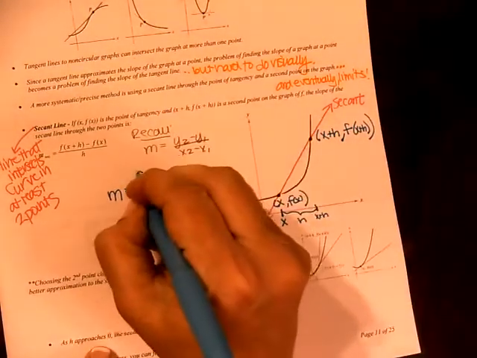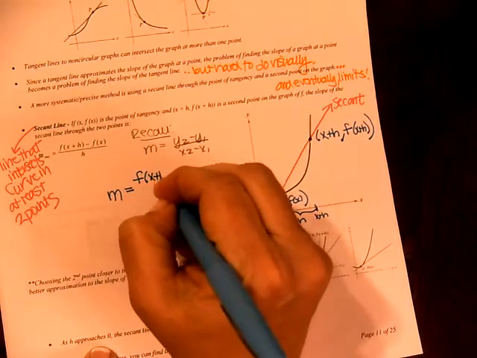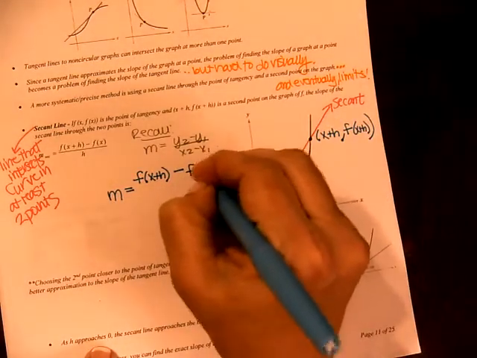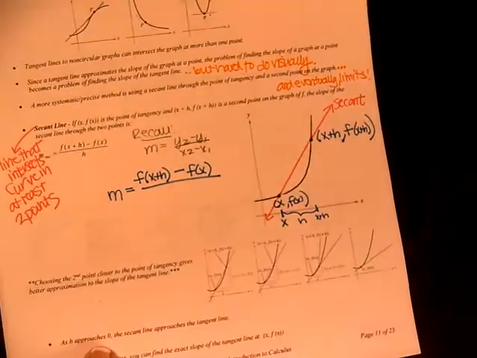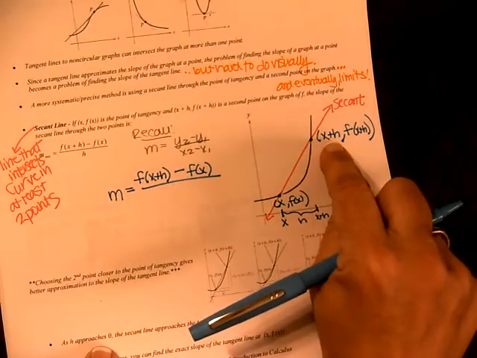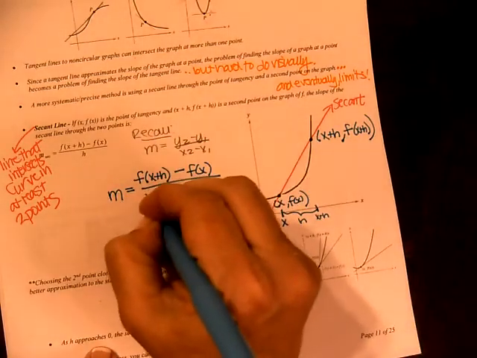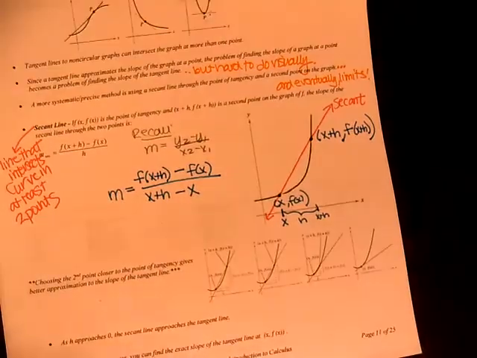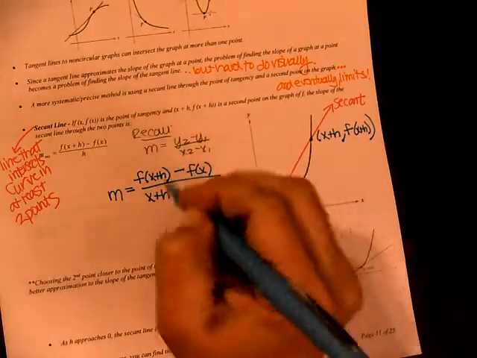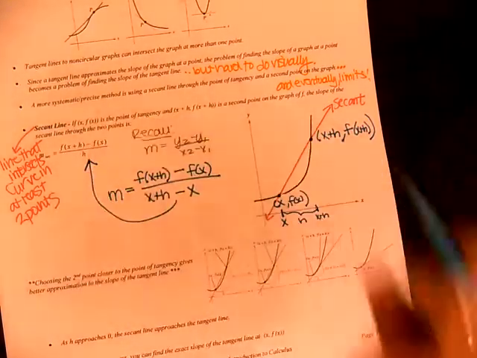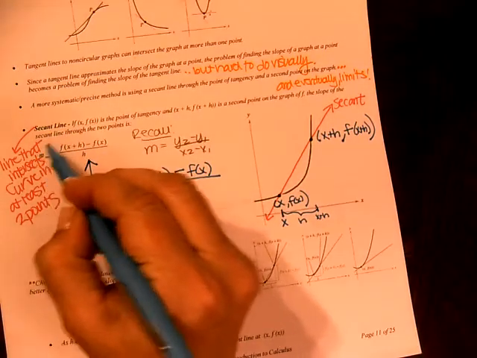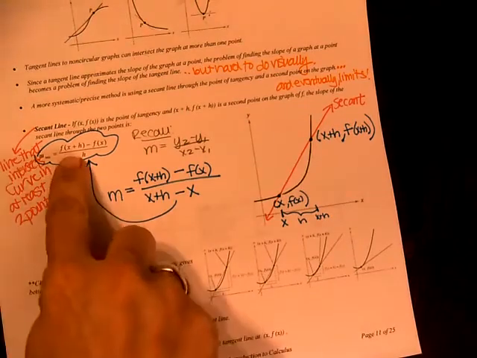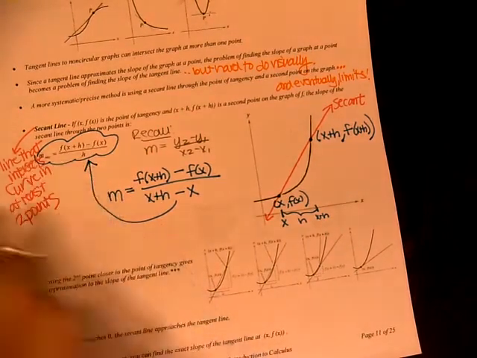So our y2 is f of x plus h minus our y1, which is f of x, over x2 minus x1. So our x2 is x plus h, our x1 is x. We subtract. And we can see how they came up with this: the slope of the secant line is f of x plus h minus f of x, over h.